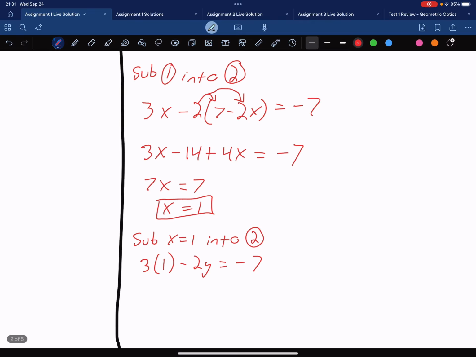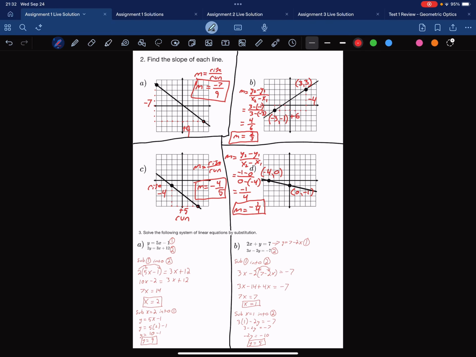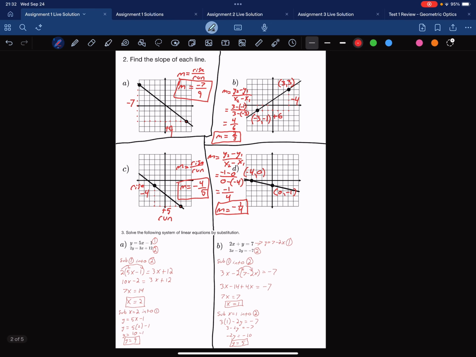And 3 times 1 gives you 3, minus 2y equals negative 7. Take away 3 from both sides, left with negative 2y equals negative 10. Divide both sides by negative 2, y equals positive 5. So our answer here is x equals 1 and y equals positive 5. So that is question 3, A and B both done.